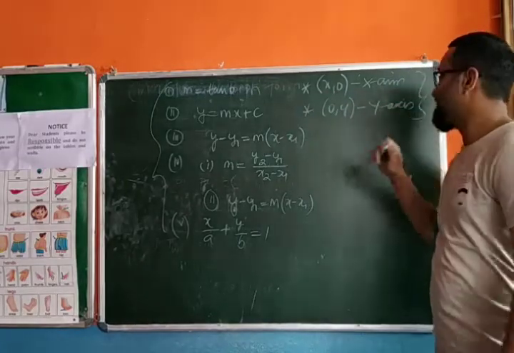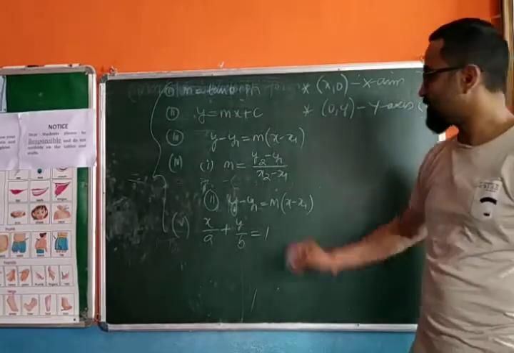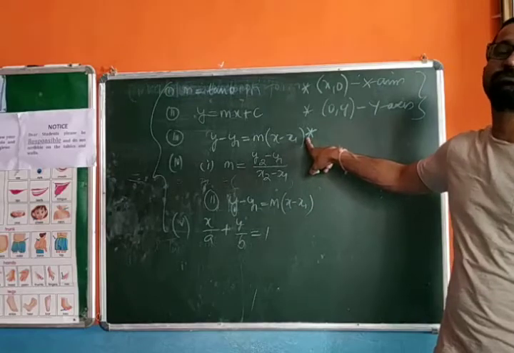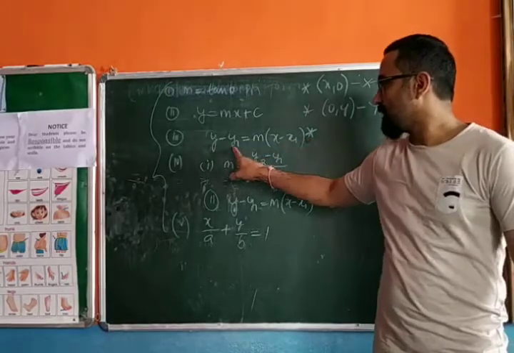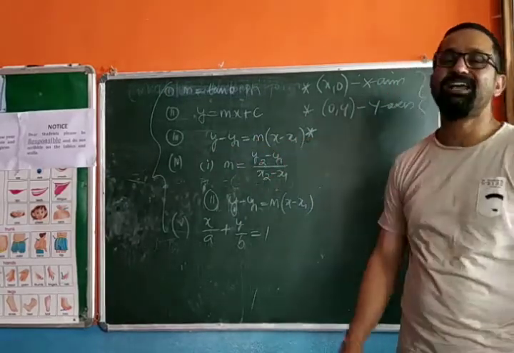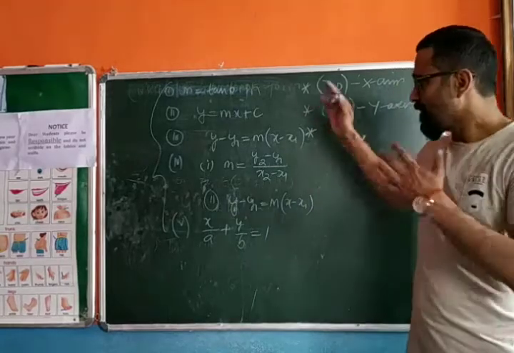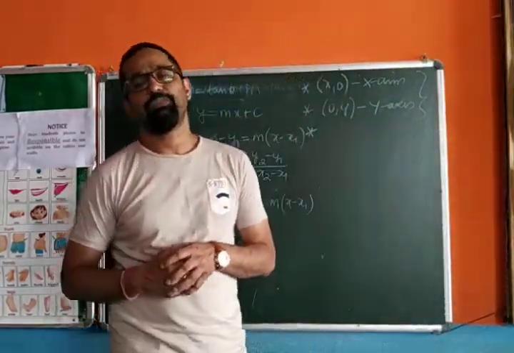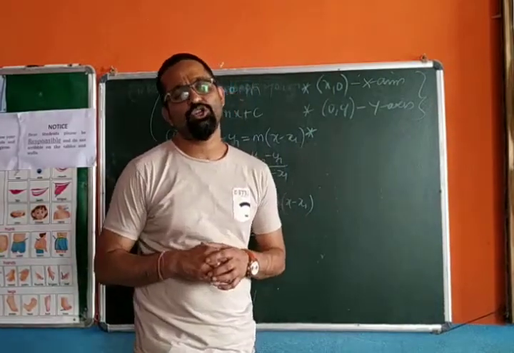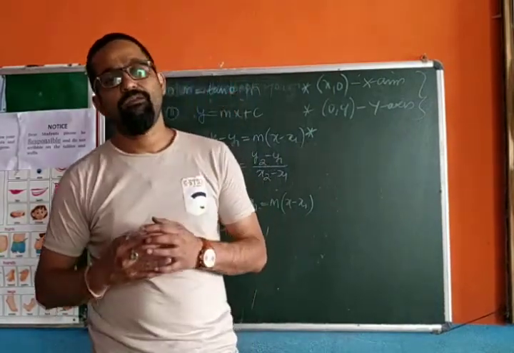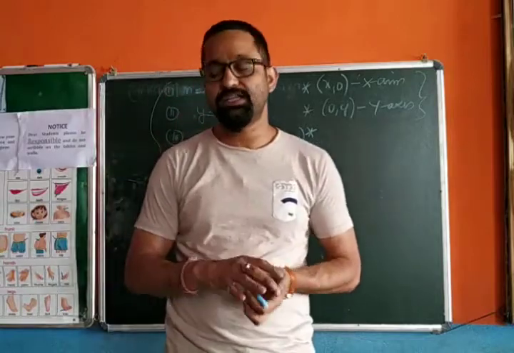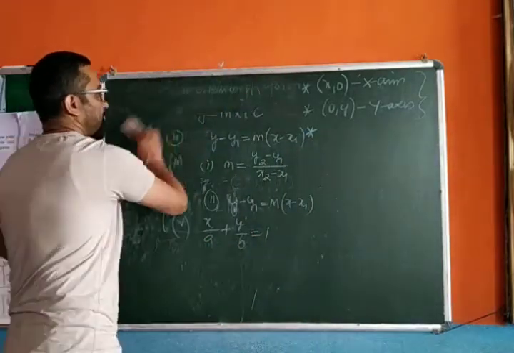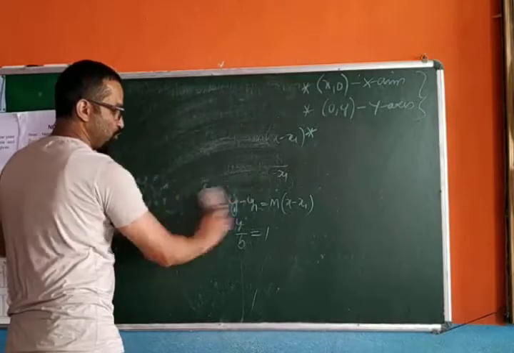If you remember these two conditions, in 90% of the sums you will be using this formula: y minus y1 equals m bracket x minus x1. So these are important terms you need to remember. I'll show you the application of each formula from the exercise, and it's not difficult. So please do watch it.